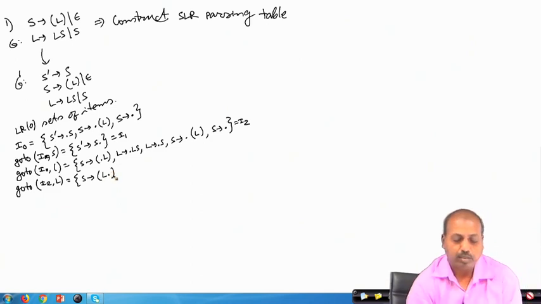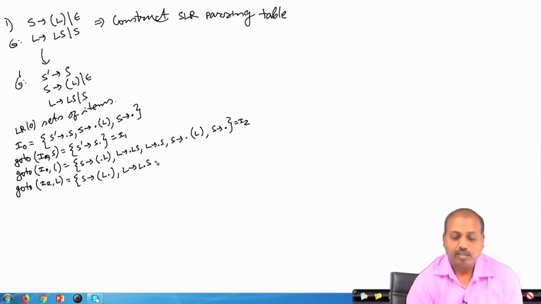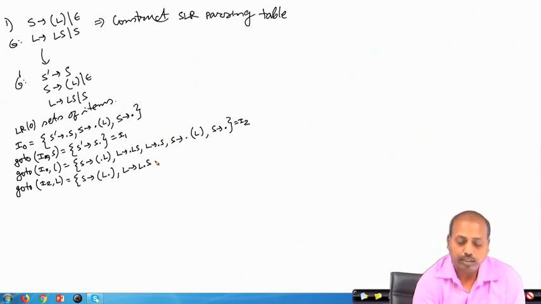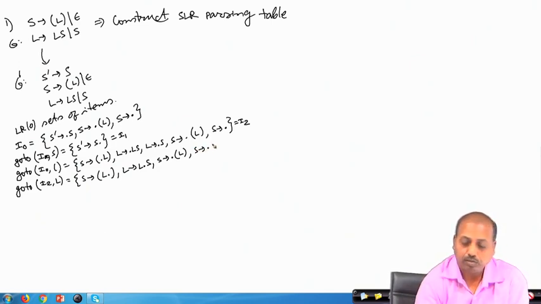This is one item, and then another item that I get is L producing L dot S. There is no other item where there is a dot before L. Now I have got this dot S, so I have to look for grammar rules, and from there I will get the new items S producing dot within bracket L, and S producing dot. So, these two items will come. This is again a new item we have not yet generated, so this is the item I3.